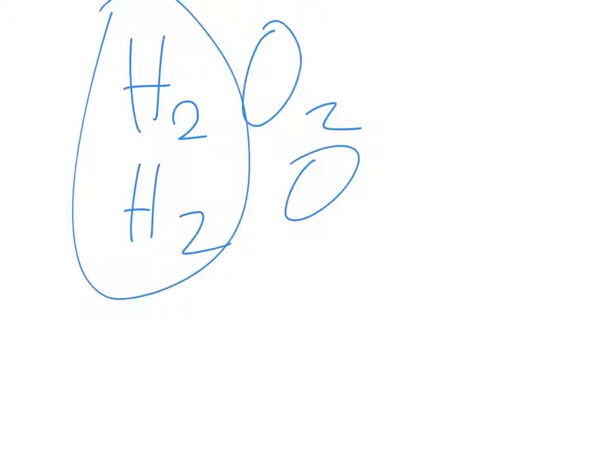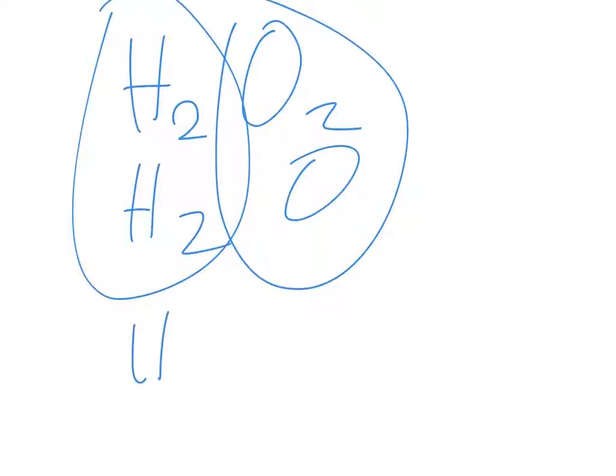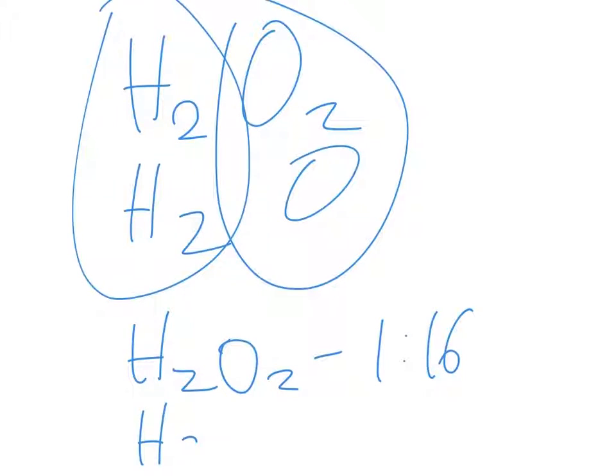But we can make a small whole number ratio with the oxygen, because there are two oxygen in one and one oxygen in the other. So using the first property, for 1 gram of hydrogen in H2O2 there's always 16 grams of oxygen, and for 1 gram of hydrogen in water there's always 8 grams of oxygen.